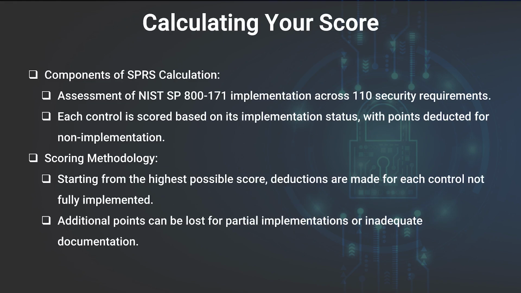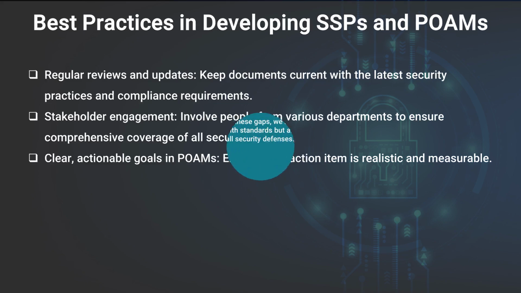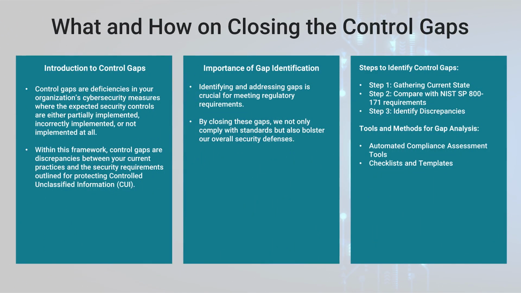We will help you calculate and report the SPRS scoring and develop the SSPs and POA&Ms. Now, it's important to understand that we have put together templates which you could leverage as a baseline to start with.